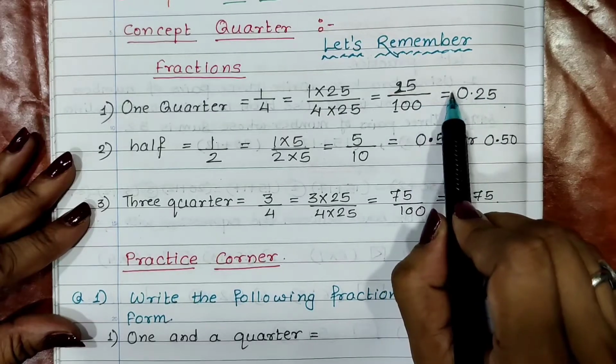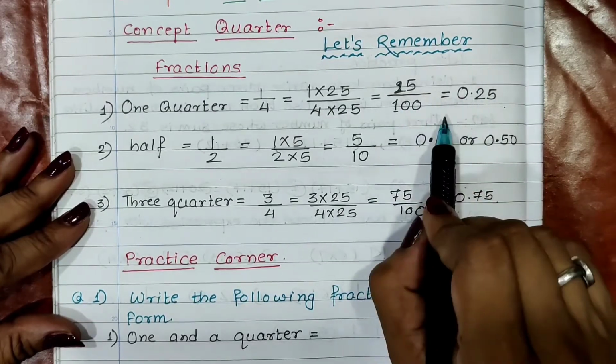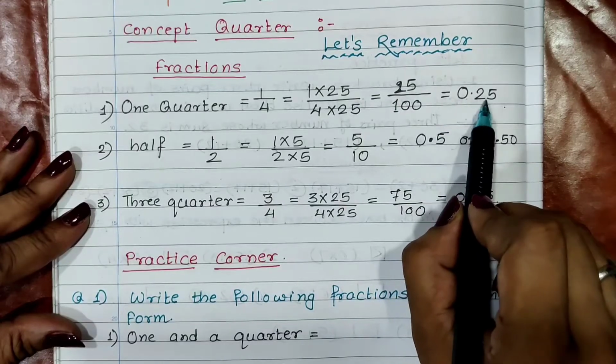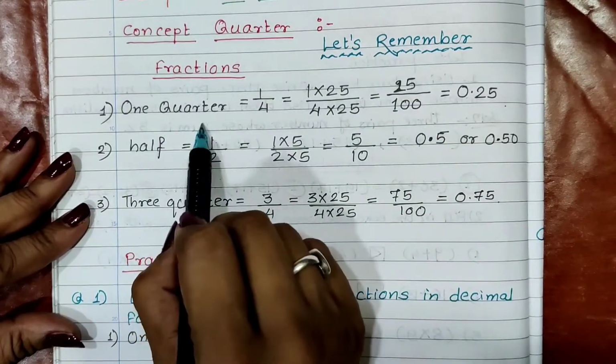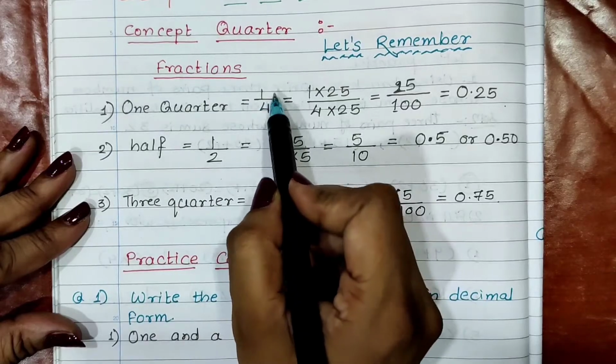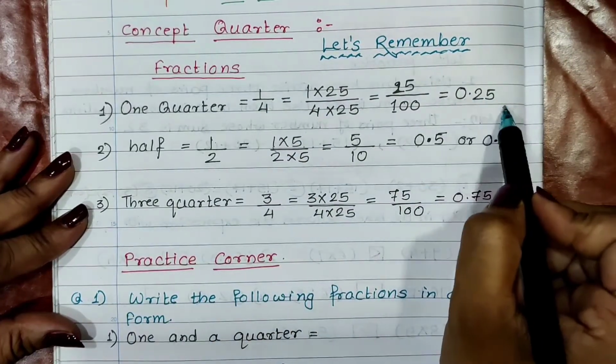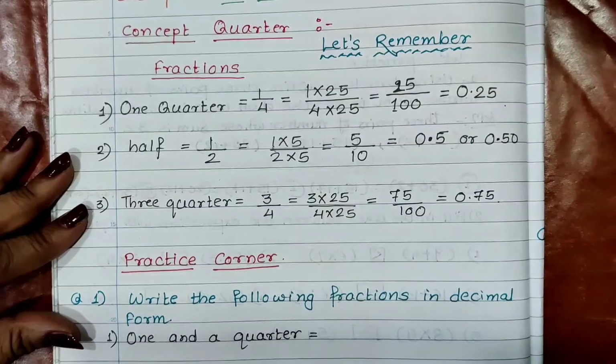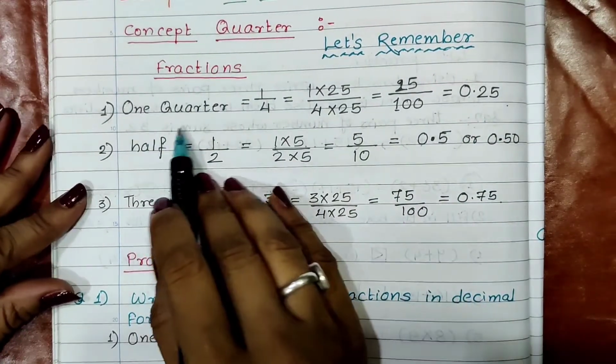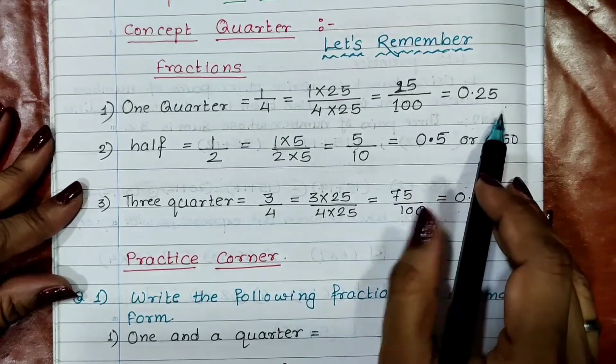On the left-hand side nothing is there, so we have to write 0. So it is 0.25. So 1/4 as a simple fraction is 1/4, and as a decimal fraction it is 0.25. This is the first fraction which we all have to remember.